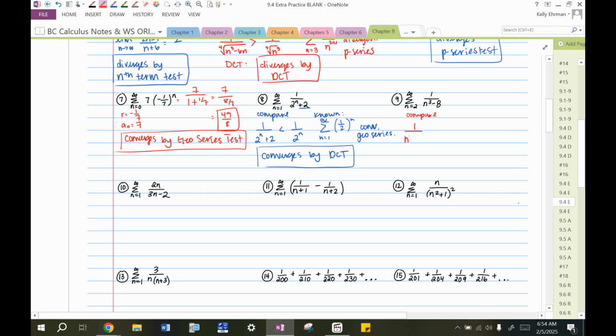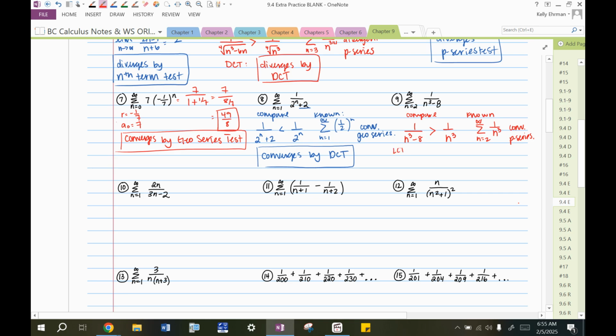Compare 1 over n to the 3rd minus 8 to 1 over n to the 3rd. This fraction is bigger because it has a smaller denominator. It is known that the sum from 2 to infinity of 1 over n cubed is a convergent p-series. But this is on the bottom, so if it converges, it doesn't tell me anything about the function that's growing more slowly.